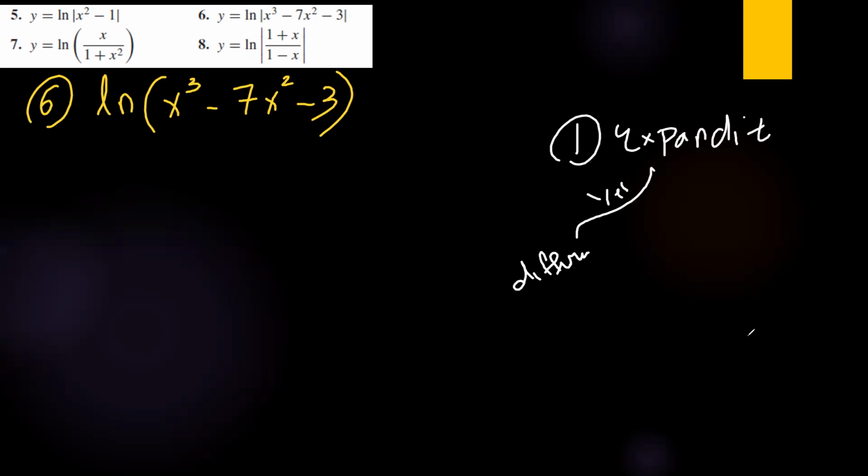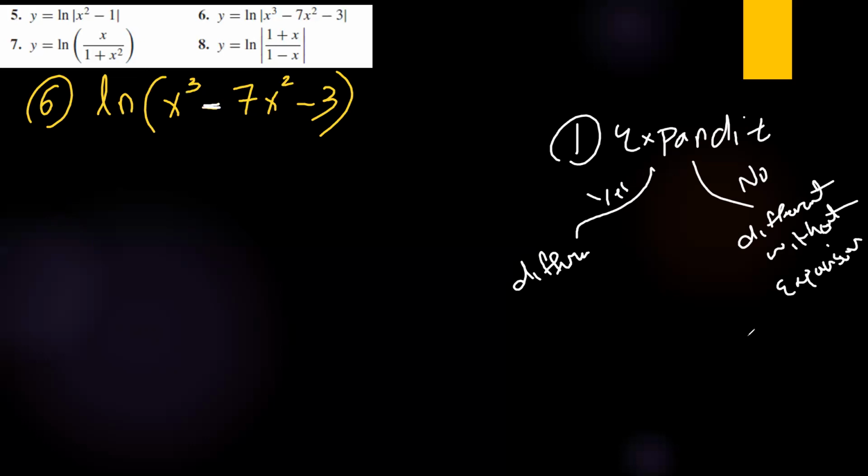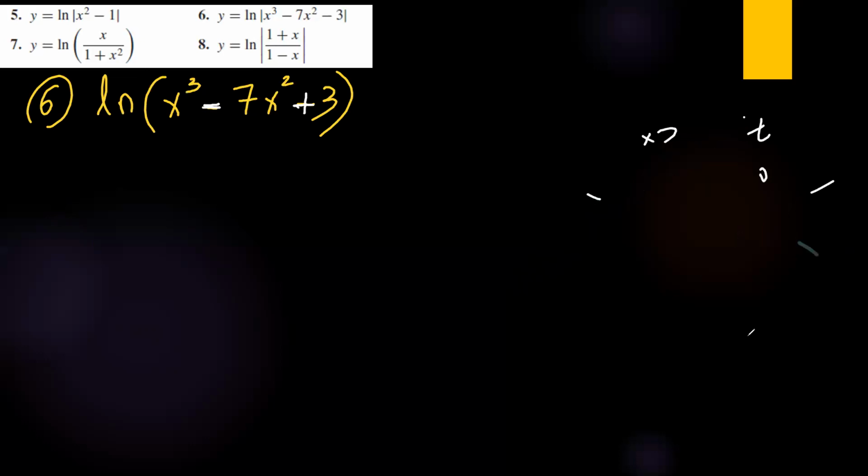If it is no, you have to differentiate without expansion. So here, look at them. Since we have minus, not a plus, we cannot expand them. So what do we have to do now? We have to use the u assumption.